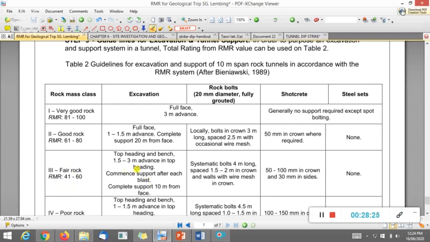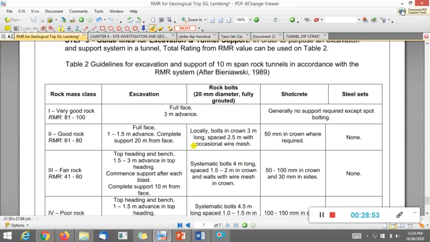So when the fair rock for the excavation, you will need support. So it also needs rock bolts and so on. Shotcrete. Basically all these parameters, rock bolts, shotcrete, is to give support or to give protection when do the excavation.